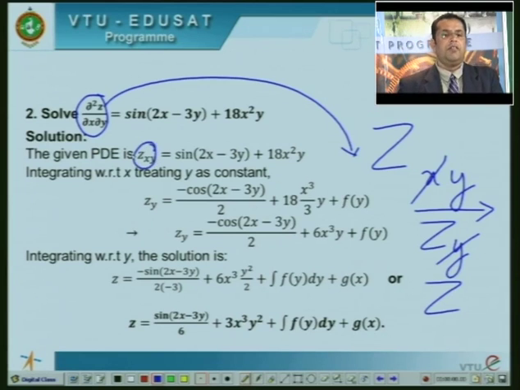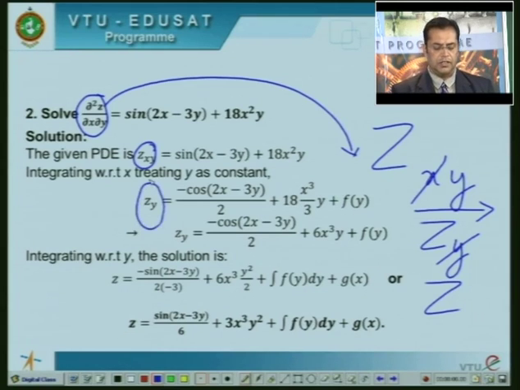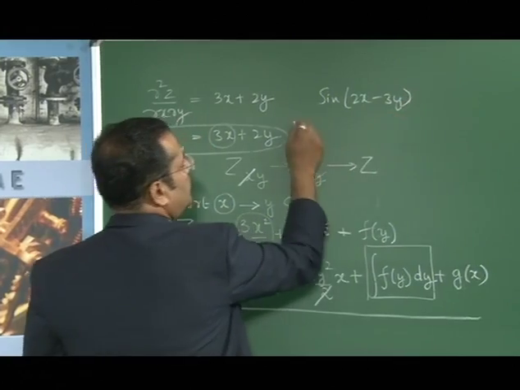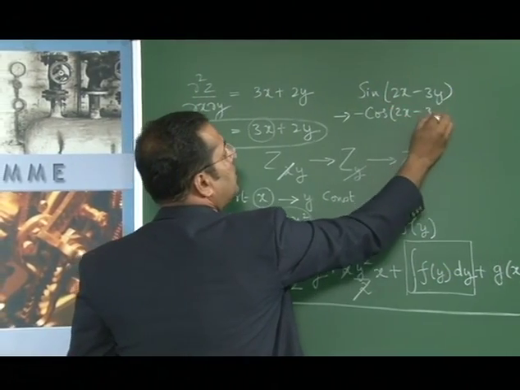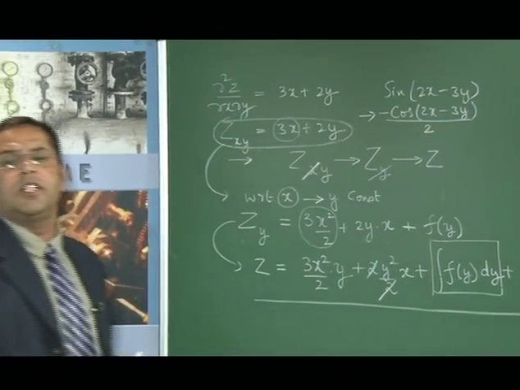First, we apply notation in the LHS: zxy equal to sin 2x minus 3y plus 18 x square into y. So, integrating with respect to x, treating y as constant, the left hand side zxy changes to zy equal to the integration of sin 2x minus 3y. What is the integration of sin 2x minus 3y? Sin integrates to minus cos 2x minus 3y divided by the coefficient of x, which is equal to 2.